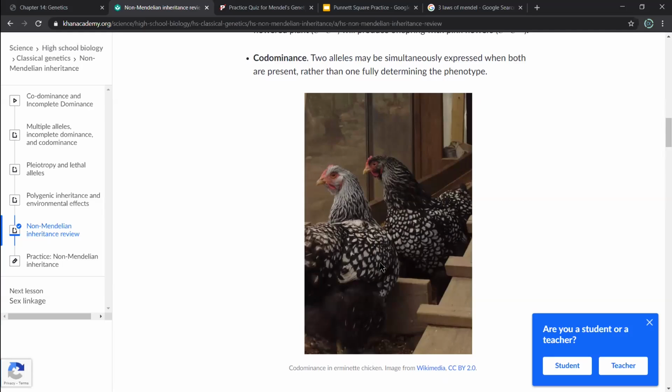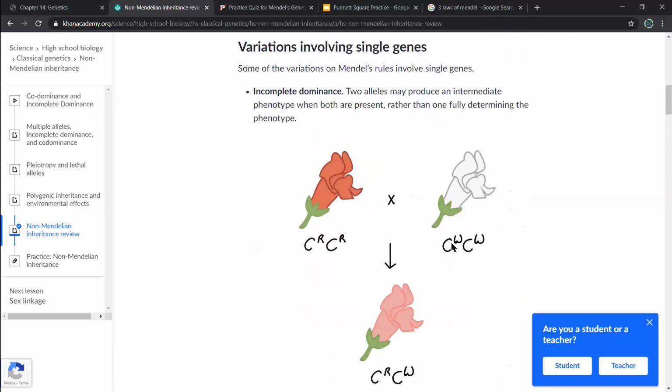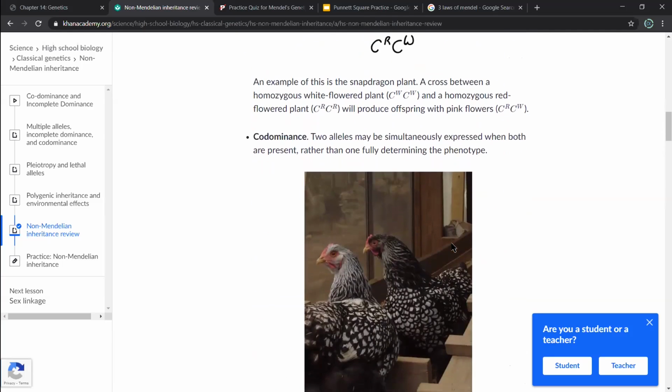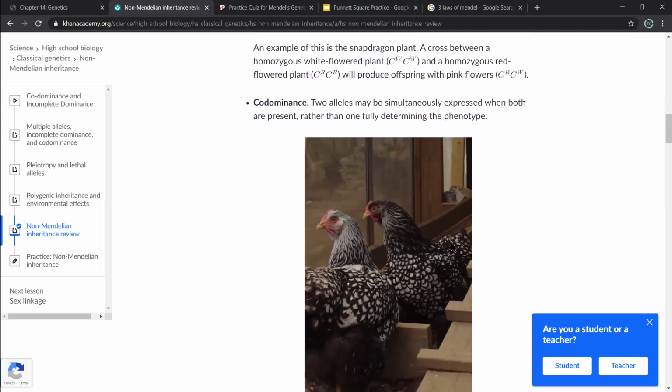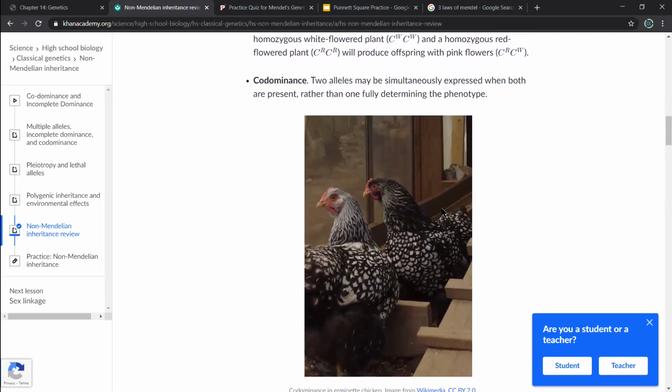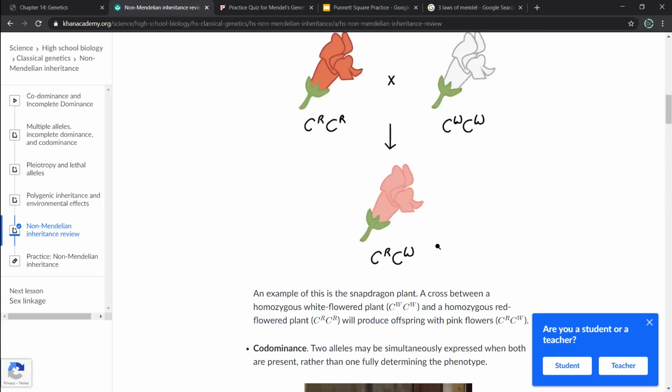This means they have a white allele and a black allele, and both are being expressed, not blended. That's the difference between codominance and incomplete dominance. With codominance, there's no blending; you can clearly see that both are being expressed.